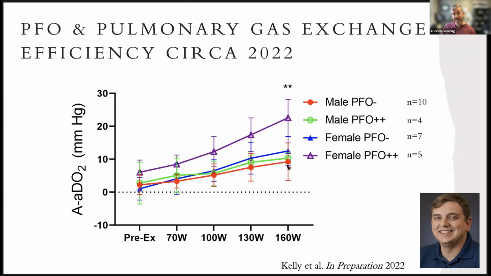So we don't exactly know why the large PFO only impacts the women, but we believe it has to do with the differences in the work of breathing between men and women, such that women have to have greater intrathoracic pressure swings for a given level of ventilation, and that might be facilitating blood flow across the PFO. But we have some measures to do with JJ Duke coming up to look into this to see if that's actually the case.